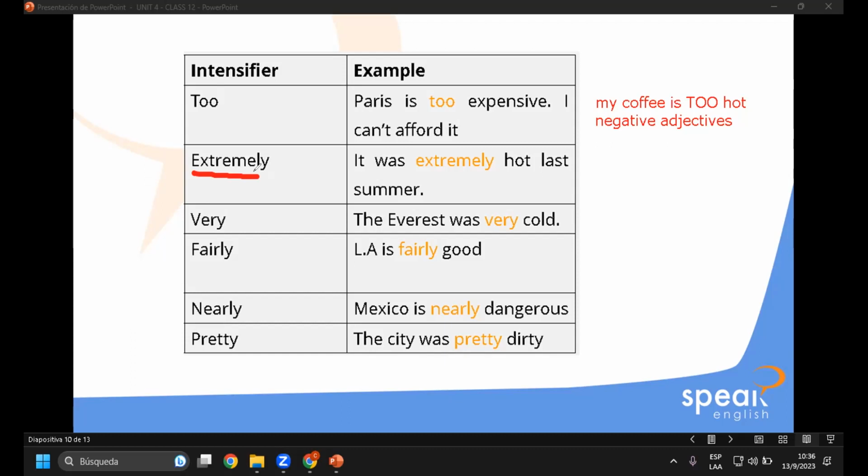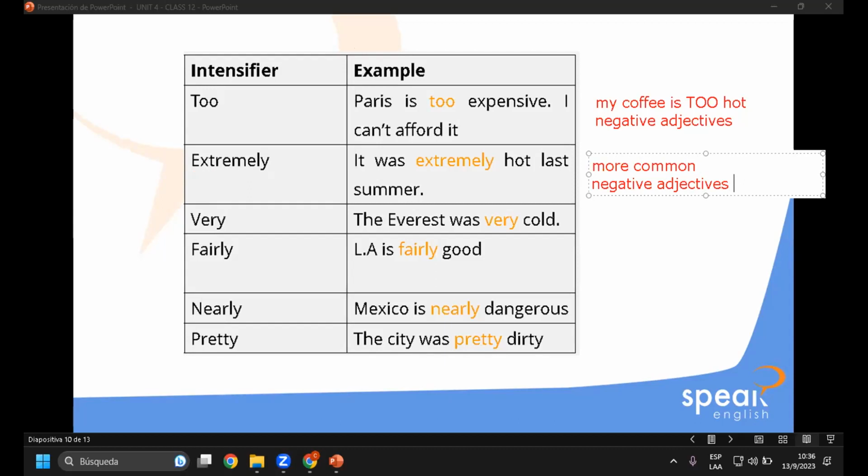We can use it with both. However, it's more common, listen, more common to use it with the negative adjectives. Okay? So, think about your city and tell me sentences using extremely. Try to use negative adjectives.